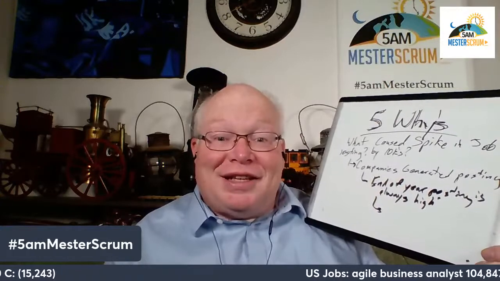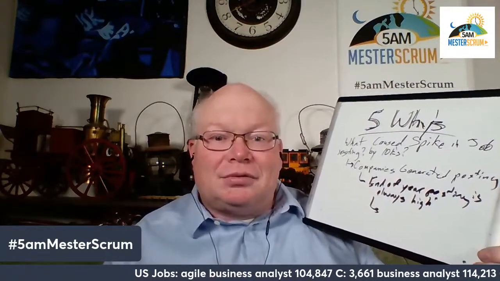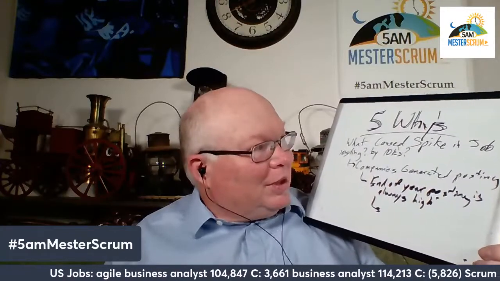Here's the theory, and this is why you start asking the five whys, because now you're getting down into the dirty stuff. Because contractor contracts get closed out at the end of the year. Let me think about that.